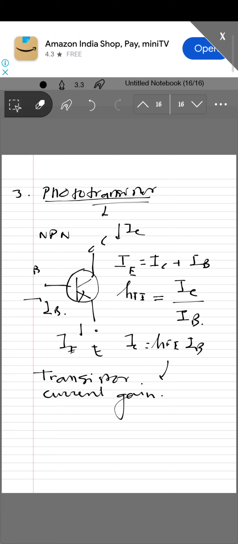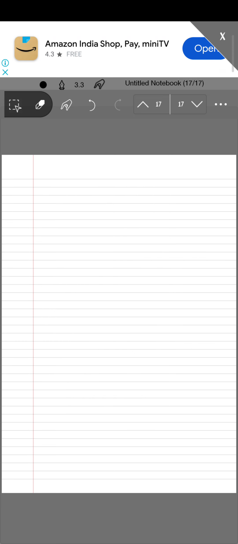Similarly, as we have an NPN transistor, we also have a PNP transistor. If we compare the two, a PNP transistor looks a little different, with the arrow pointed in the opposite direction.